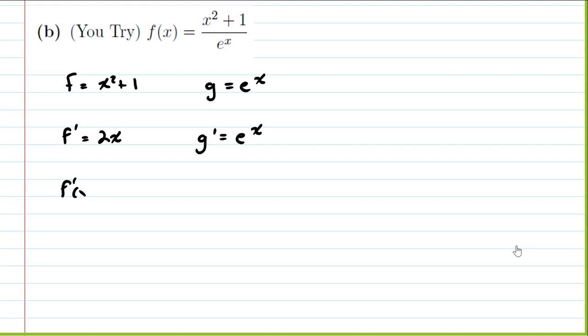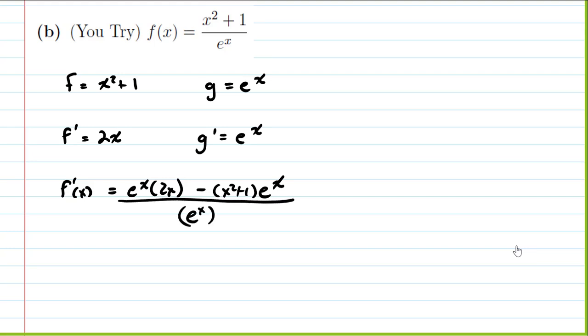So then our derivative of f of x is going to be g times f prime minus f times g prime all over g squared.